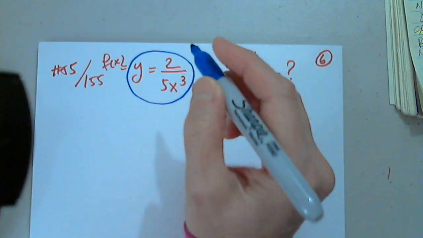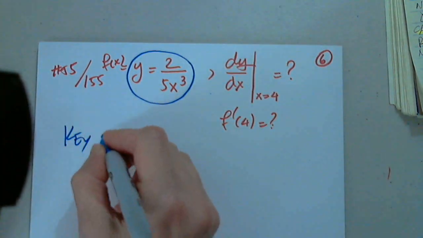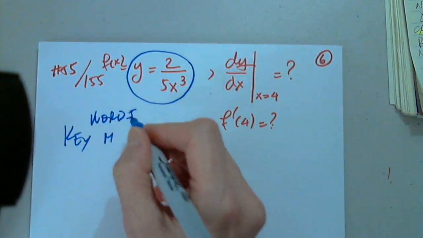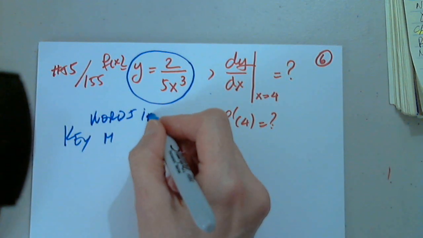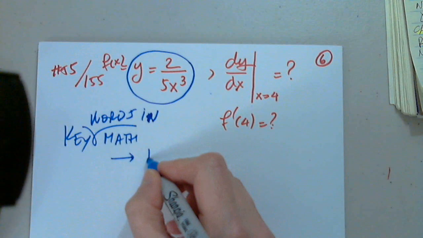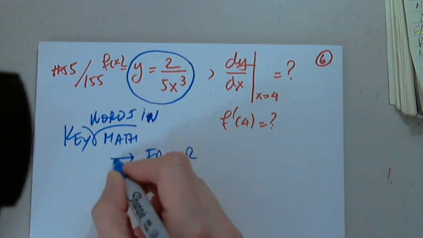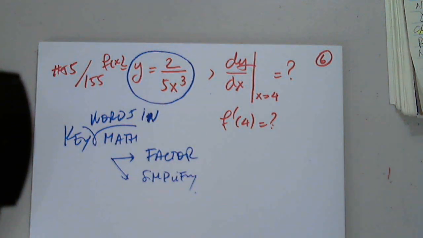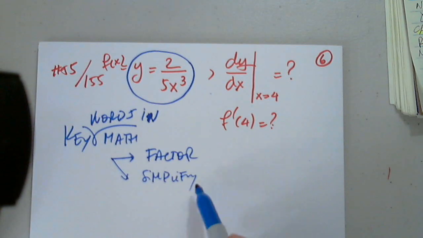I always tell my students the keywords in math are factor and simplify, whenever applicable. What is applicable here?